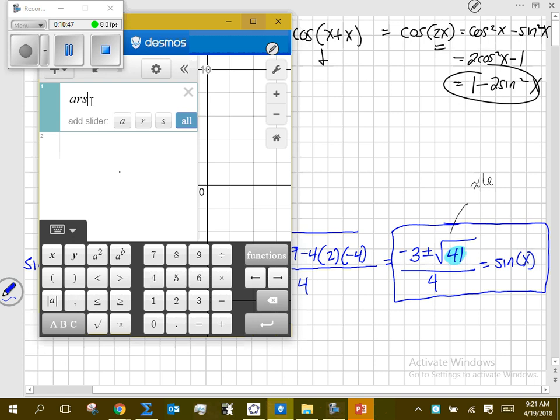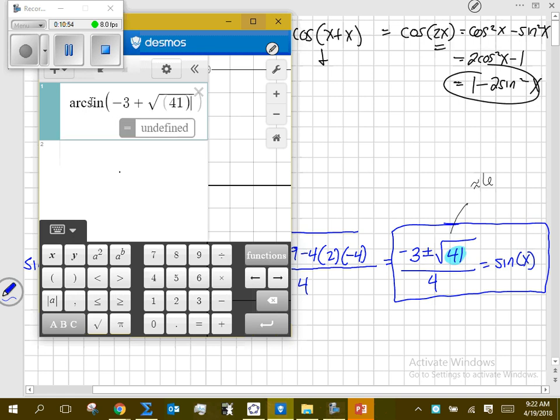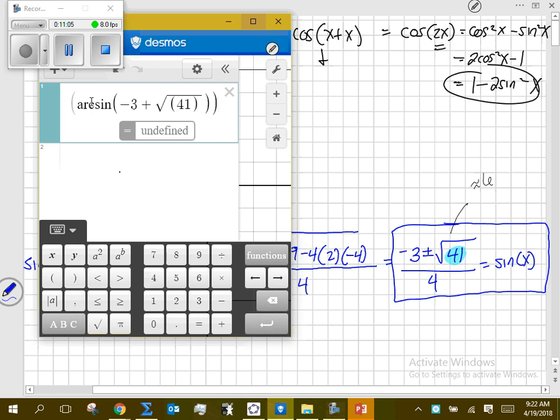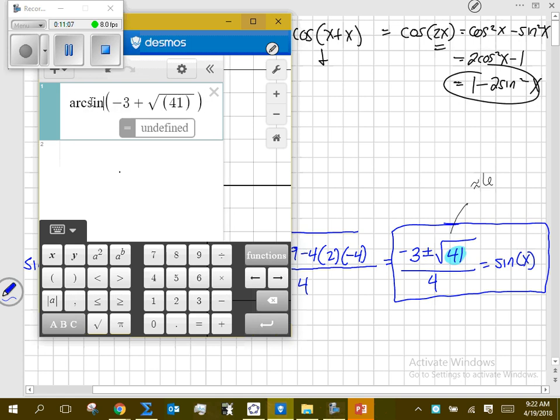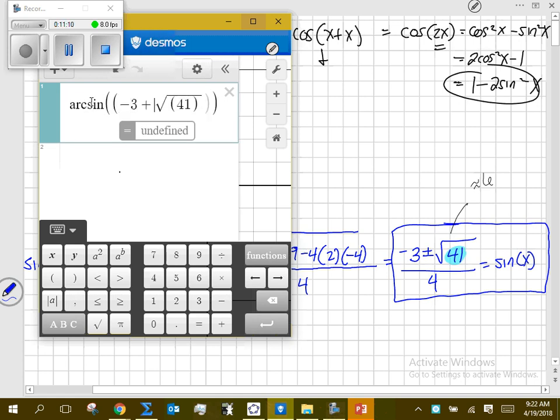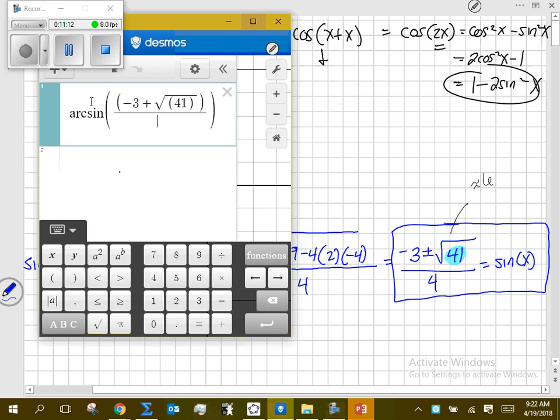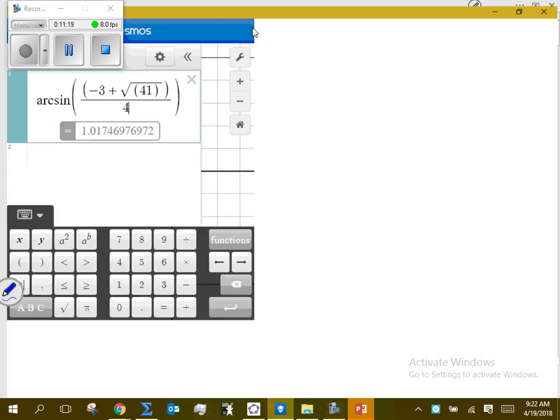So inverse sine of negative 3 plus square root 41, all over 4, right? Gives me 1.017 radians.